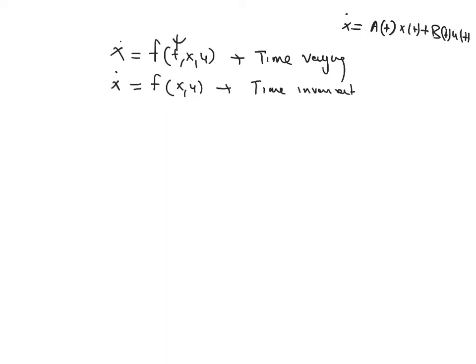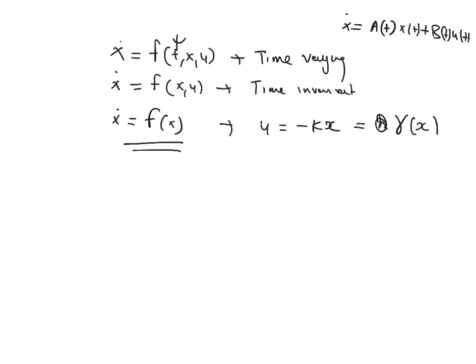And then there will be systems, if you remember, with just x. They are called unforced systems or autonomous systems. There is no input as such, and there is a reason. Your u is something you can choose, like in linear systems we used to choose u equals minus Kx. So it's a function of the state x. That's why you can always deal with these kinds of systems as well.